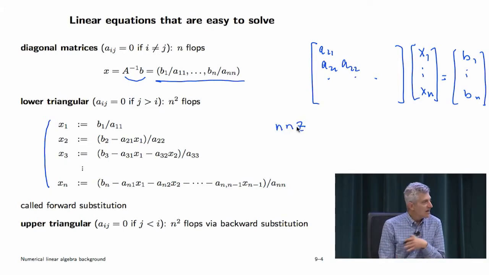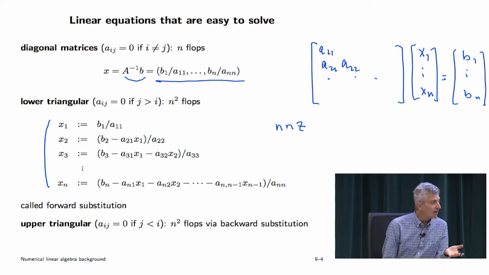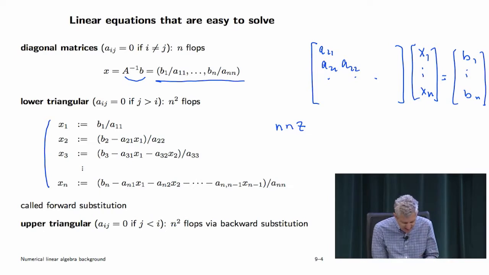In terms of the number of non-zeros, how many flops does it take to do forward or backward substitution with a sparse triangular matrix? It's linear. It's actually roughly equal to the NNZ, because each of these coefficients appears once.